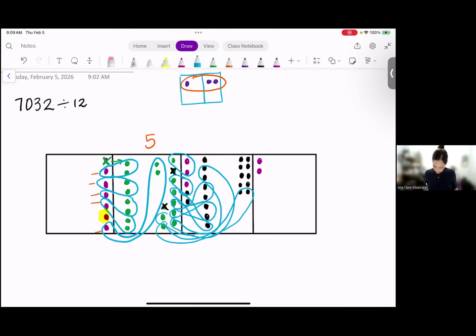And here's another group of 1, 2. But now I have to count how many of those I got because I have no more dots left in that second box. I had 1, 2, 3, 4, 5, 6, 7, 8. That meant I got 8 groups of 1, 2.